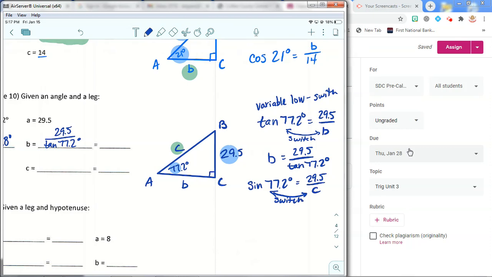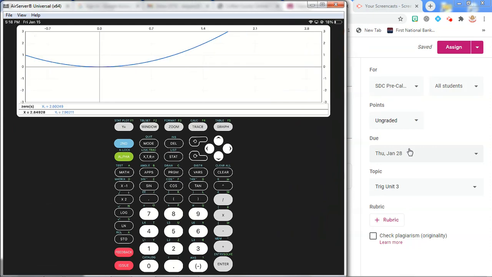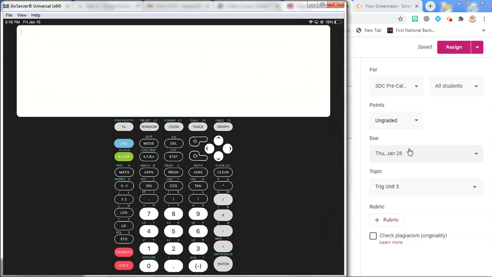So C should be 20 divided by the sine of 77.2 degrees. Yeah, the wrong button. Okay, and we're still in degree mode, so we don't need to worry about that. So we get 6.70 for B. And 30.252.